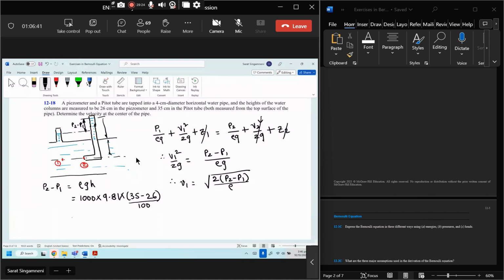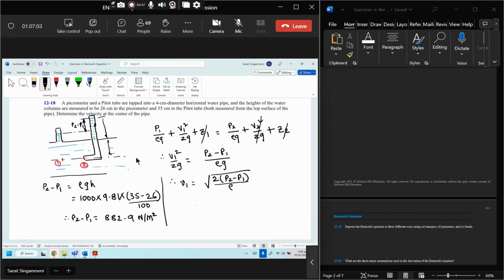So from this, P2 minus P1 is equal to 882.9 Newton per meter square.